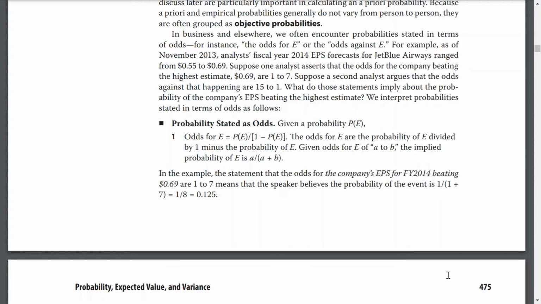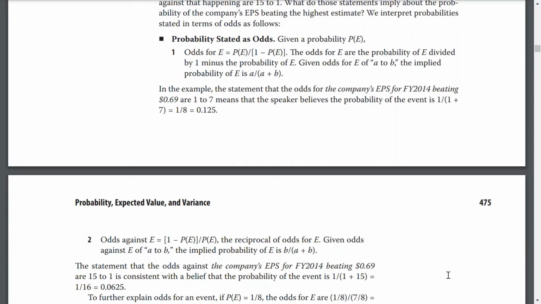Given odds for E of A to B, the implied probability of E is A divided by A plus B. In this example, the statement that the odds of the company's EPS for fiscal year 2014 beating 0.69 are 1 to 7 means that the speaker believes the probability of the event is 1 divided by 1 plus 7, which is 1 divided by 8, or 0.125.